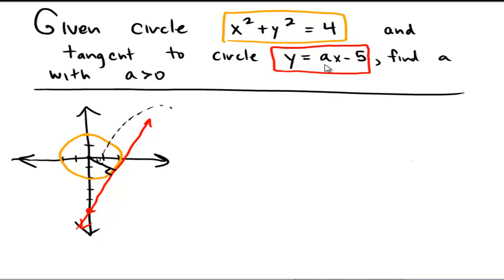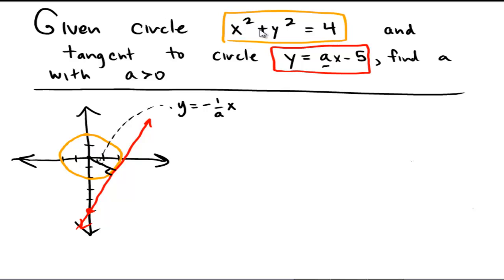Now the red line has a slope of a, which means that this line is going to have a slope that is the negative reciprocal of a. So the equation of that little black radius is going to be y equals negative 1 over a times x plus 0, because it goes through the origin. The center of the circle is at the origin. Okay, now that's the first fact.